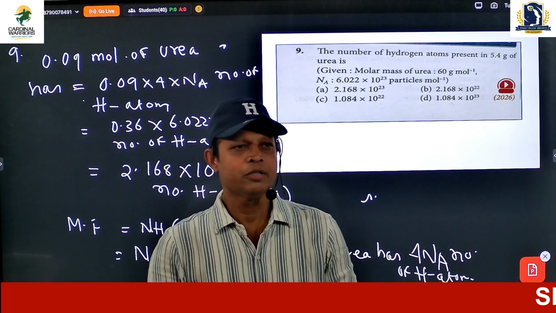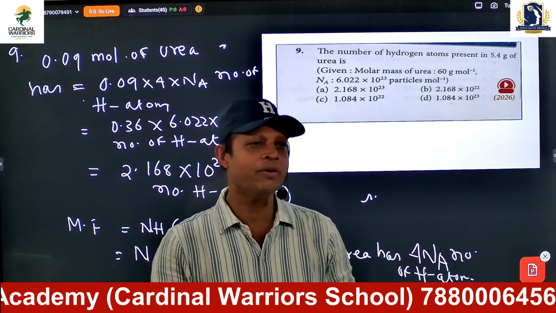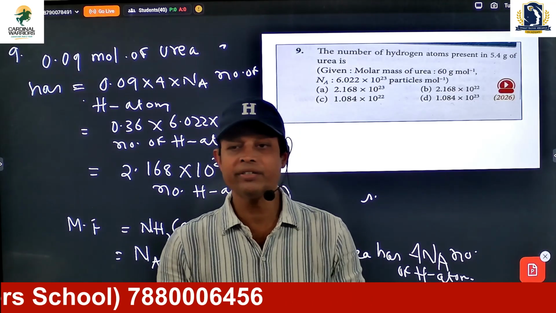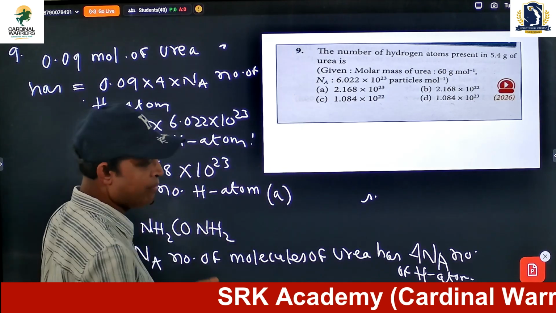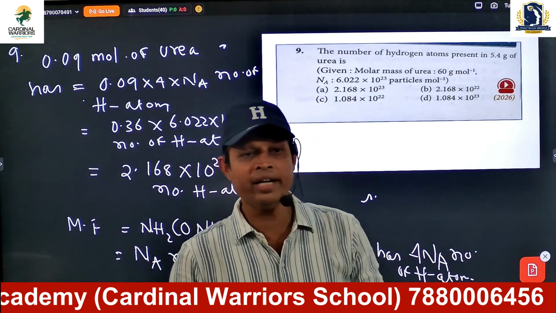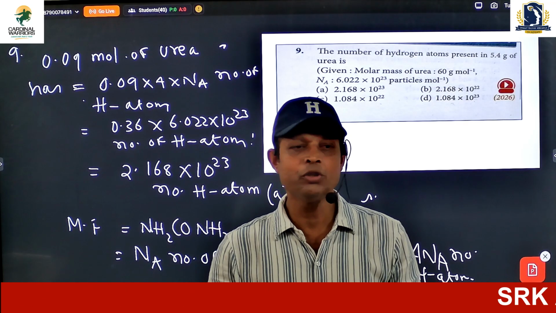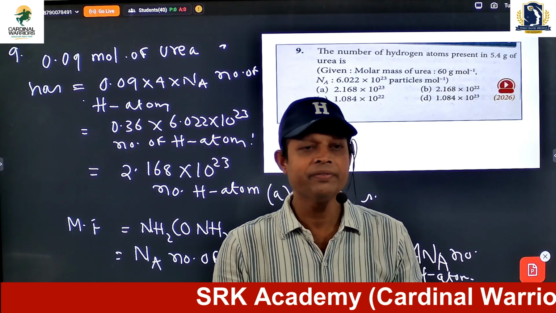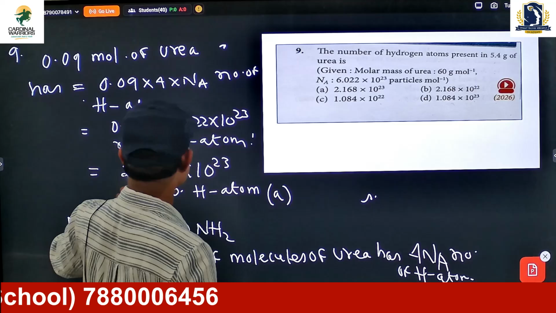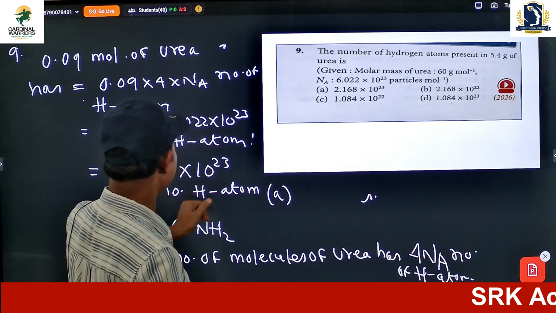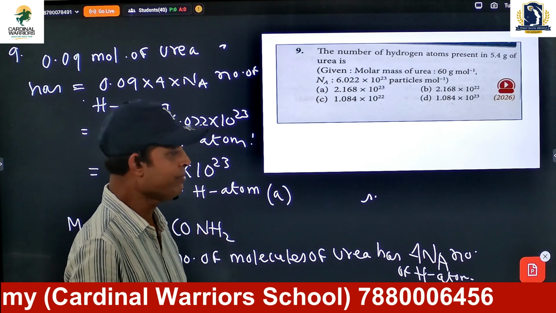So in 1 mole of urea we have 4 Na number of hydrogen atoms. In 0.09 mole of urea we have 0.09 multiplied by 4 Na. When you multiply, the answer becomes 2.168 into 10 to the power 23 number of hydrogen atoms. Understood?